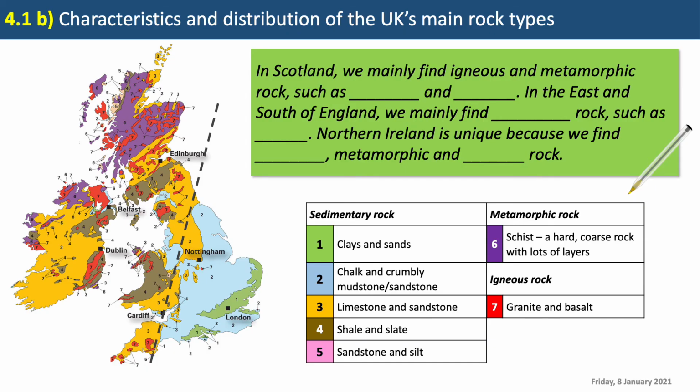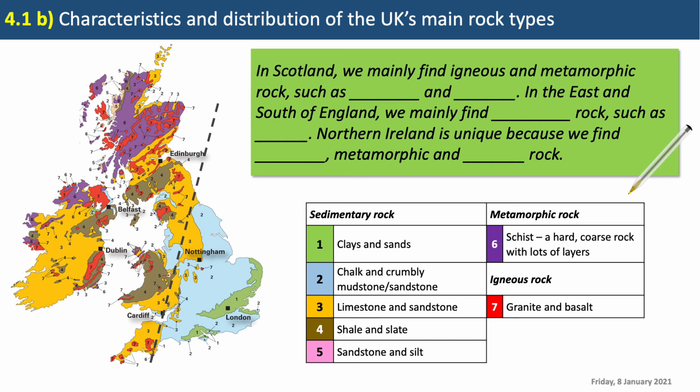Now, we've got this weird psychedelic looking map here, but it does make sense, I promise you. I've given you a key on the bottom right, showing you different types of sedimentary, metamorphic, and igneous rock found in the British Isles. Okay?